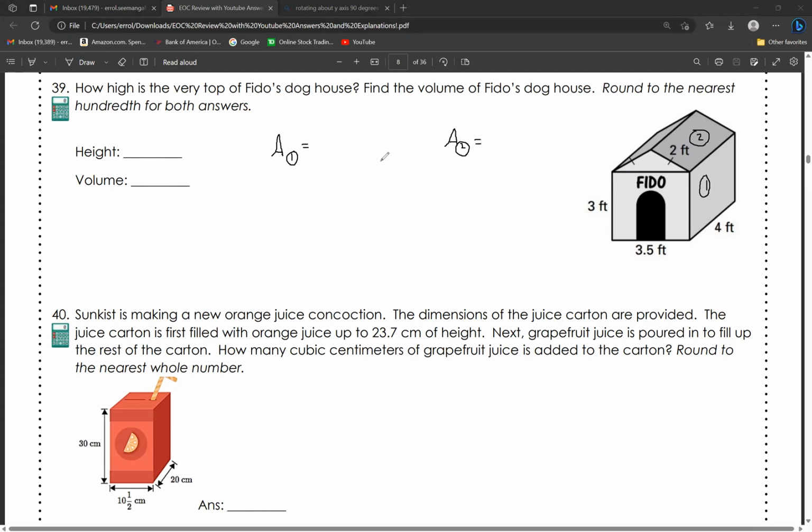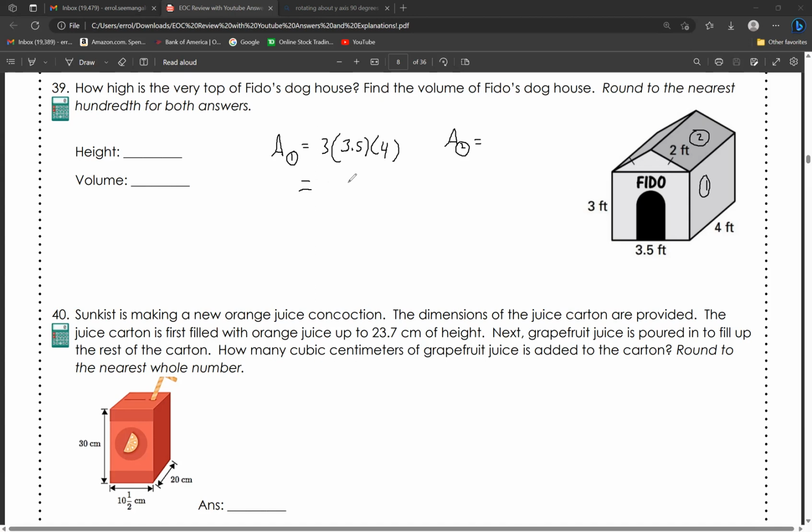All right. So the area of the first shape is 3 times 4 times 3.5. Right? 3 times 3.5 times 4. How much is that? What's 12 times 3.5? 42?